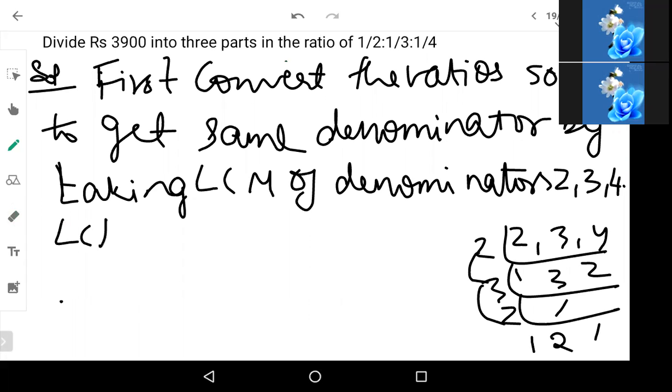So LCM is 12. Now next, after knowing the LCM as 12, let us convert each ratio so that the denominator is 12.